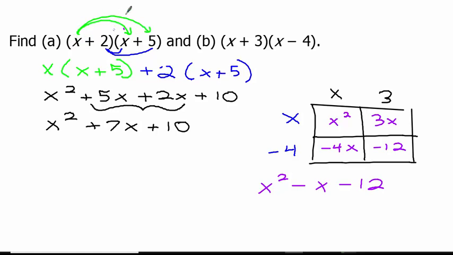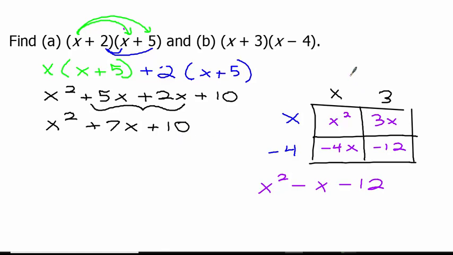So the x gets distributed and the 2 gets distributed. In this case, I have what we have in green, then what we have in blue, and after we do each of those distributions, we combine like terms. 5x plus 2x, those combine to 7x. Notice that we have this written in standard form.